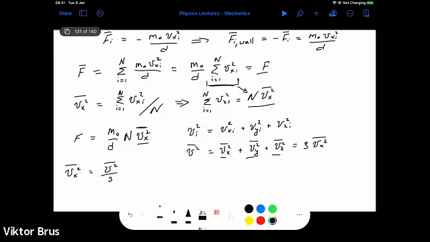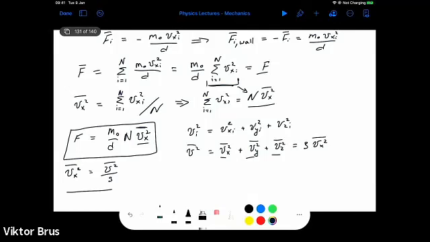This is very important because we can substitute Vx square in our equation with V square average, the average of the square of the velocity of molecules. That is a more general parameter because we don't need to know specifically how it is projected on some axis.